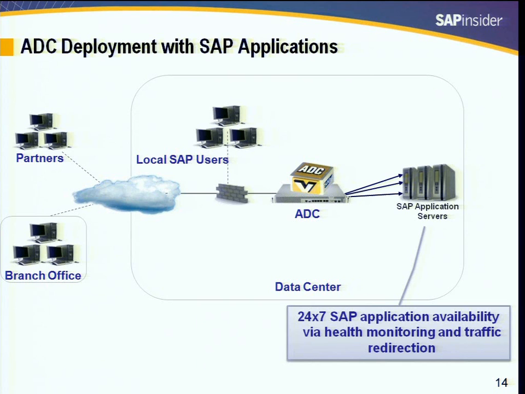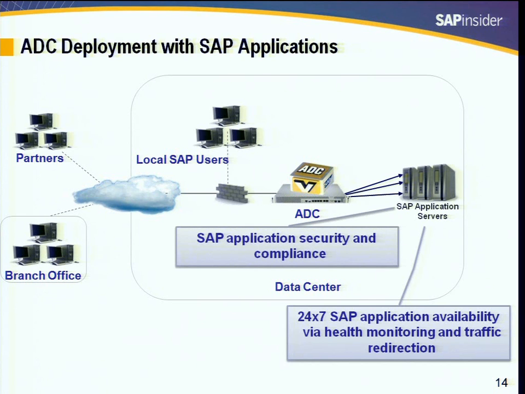These are some of the algorithms that are available on the ADC, very easy to pick and choose what you want to do when something like that happens. How do you want to enable health monitoring? The other area is application security and compliance. This is where you want to make sure that sensitive information is not leaving the enterprise, or a malicious request is not going through.